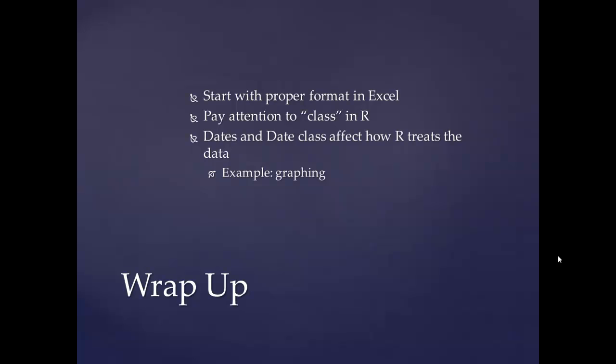And the dates and the date class affect how R treats the data. So for example, when you do graphing, if the data are treated as a date, they'll graph one way, but if they're treated as a factor, they'll graph a different way. And you need to understand that if you're going to understand how to use R.